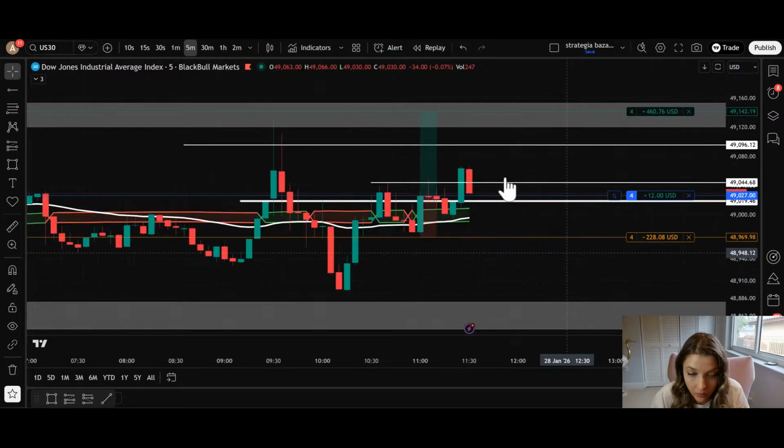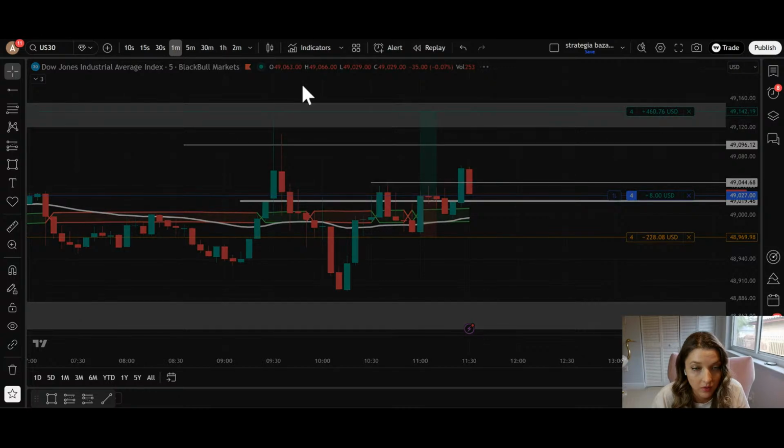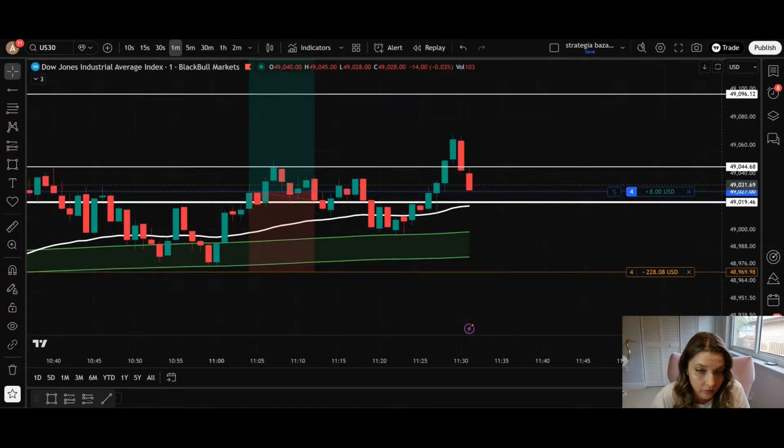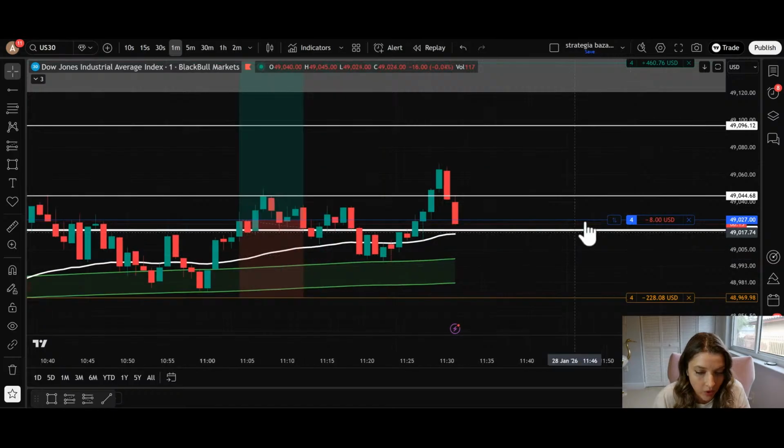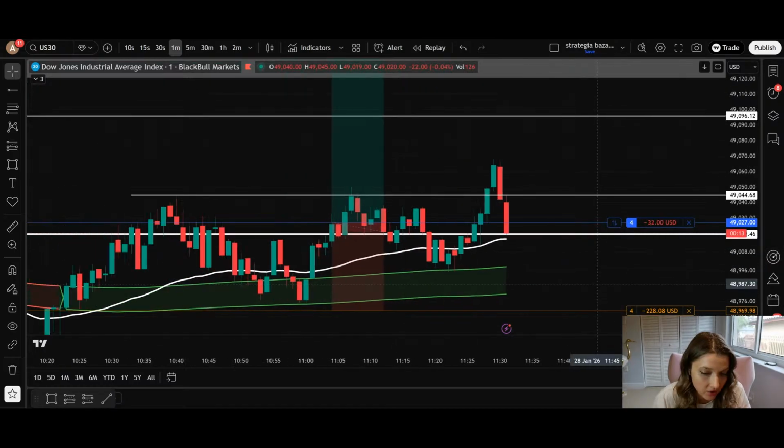I think the price will wanna retest this gray level, so let's see. Because I don't want to move it. Look, I would be out right now. I just felt like I want to go all in with this one.